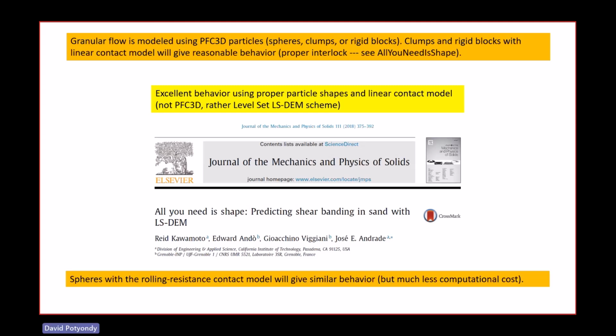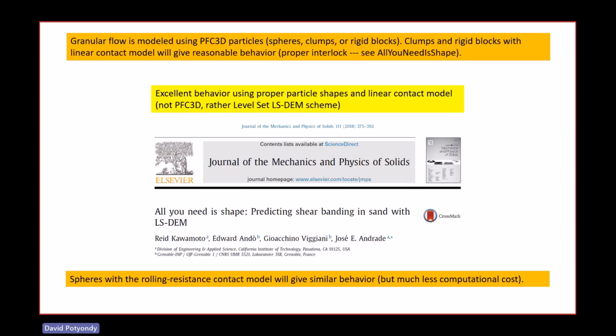Now, when people are doing industrial scale mixing and granular flow systems, they find that if they just use spheres with a linear contact model, they get very poor response because it behaves like spheres flowing out of something.